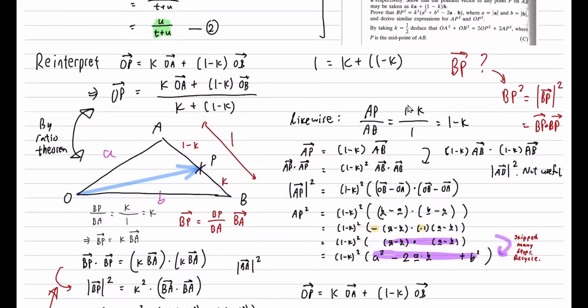Okay, I give you 1 minute. Go. Hint: vector OP is K times OA plus 1 minus K times OB. Try it, I give you 1 minute, then I go through.